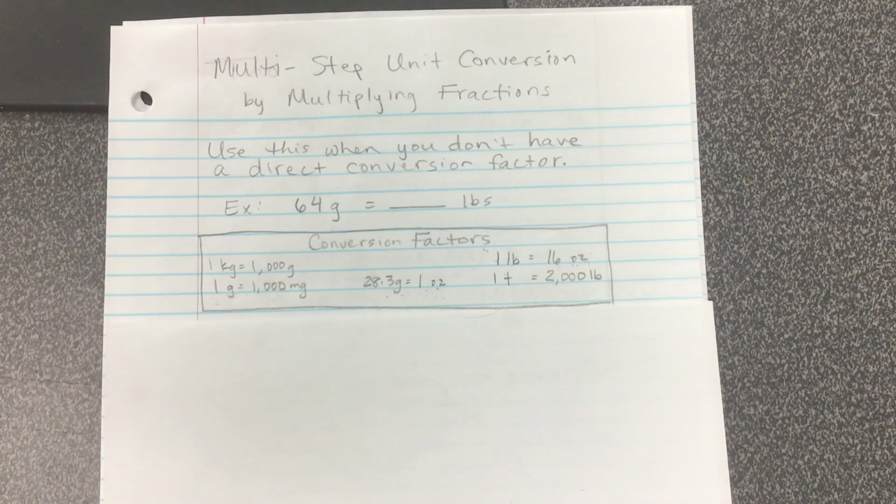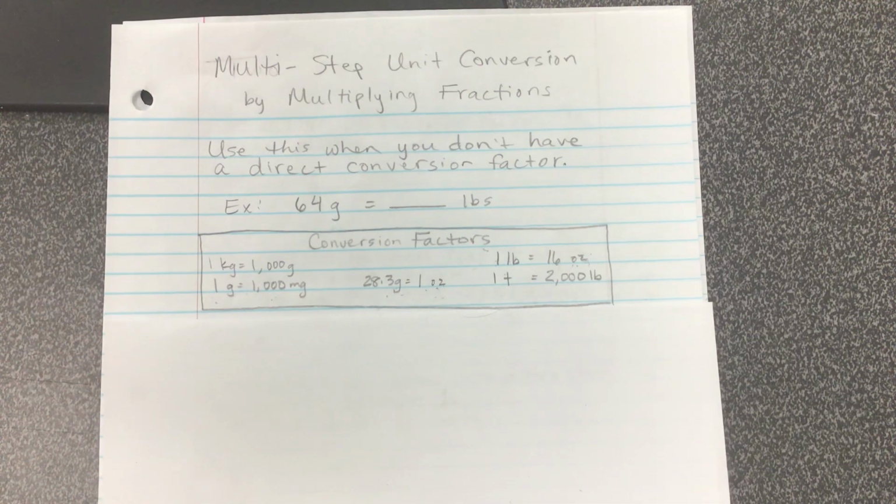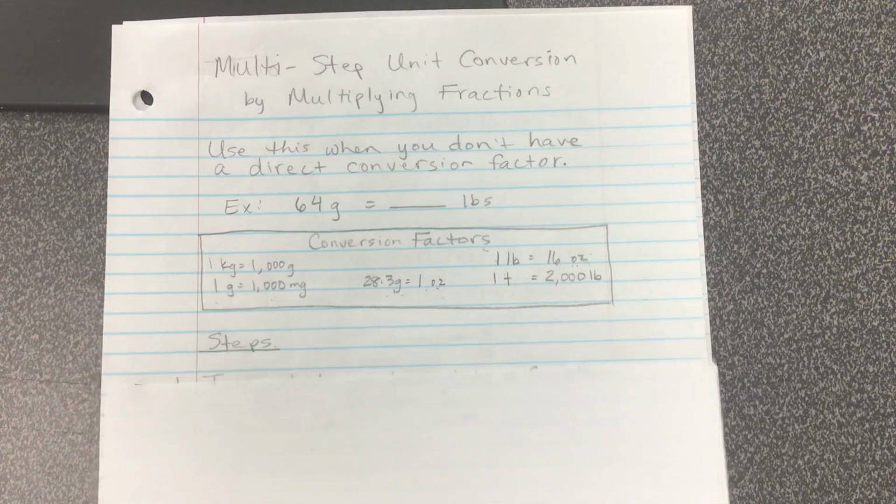But if I use an intermediate step and take 2 steps instead of just 1, I can go from grams to some unit, then some unit to pounds. That's what we're going to be doing in this. So let's walk through this example and learn the steps.